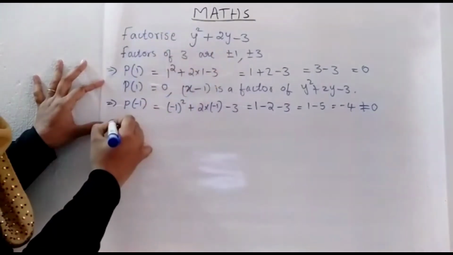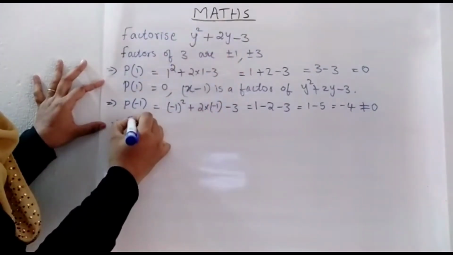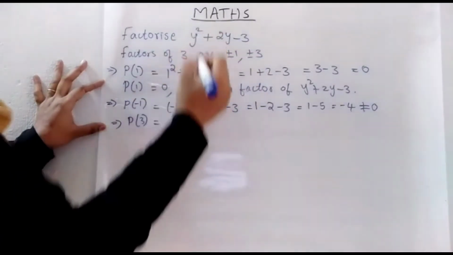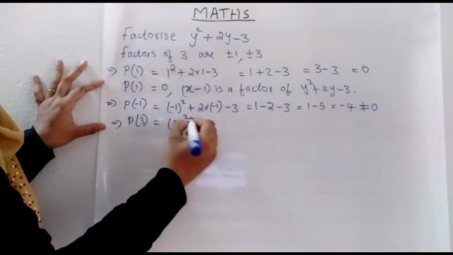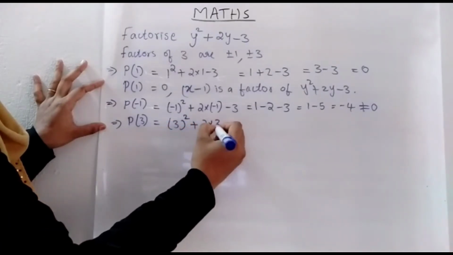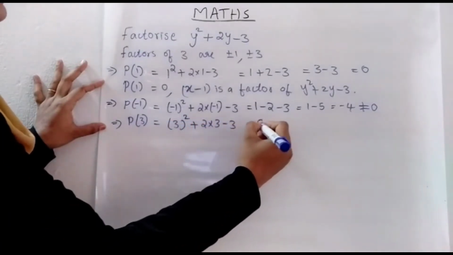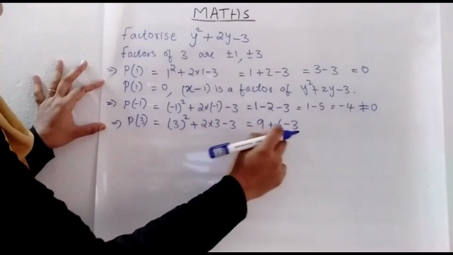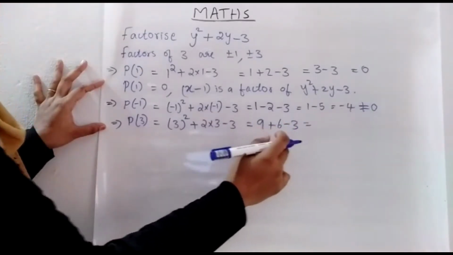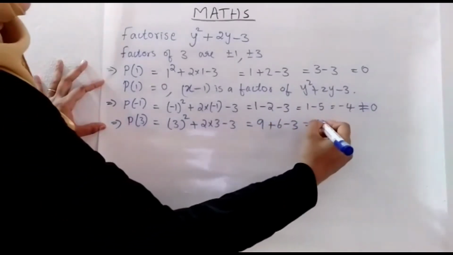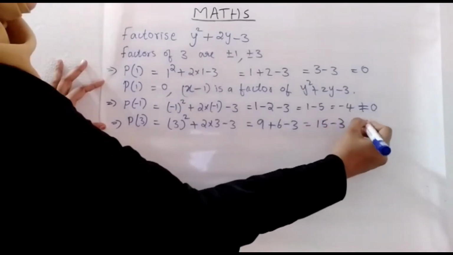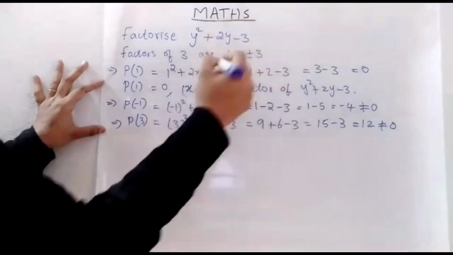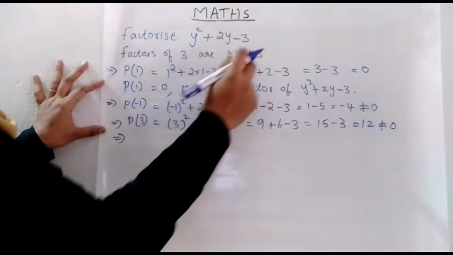Then next check P of 3. 3 square plus 2 into 3 minus 3, which is equal to 9 plus 6 minus 3. 9 plus 6 is 15, 15 minus 3 is 12. That is also not equal to 0. Clear?